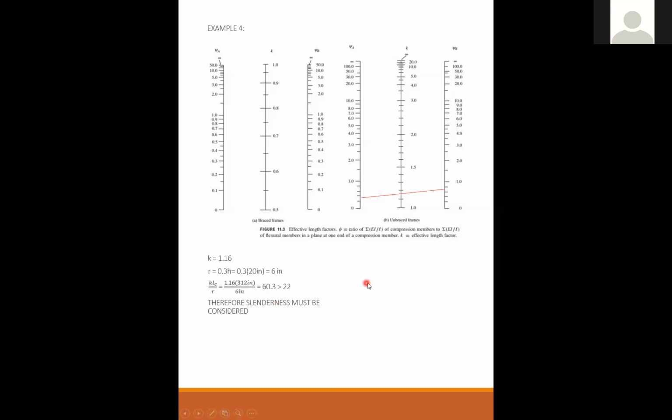Okay, so therefore slenderness must be considered. 60 is much greater than 22. So we calculate our Euler's critical buckling load as we did before, and I'm going to use the same formulation I did before, but here's what I was just talking about. Now beta ds for sway is the ratio of sustained shear over total shear, not axial load over total axial load, which changes EI effective pretty dramatically.